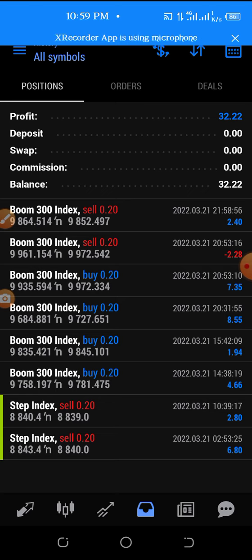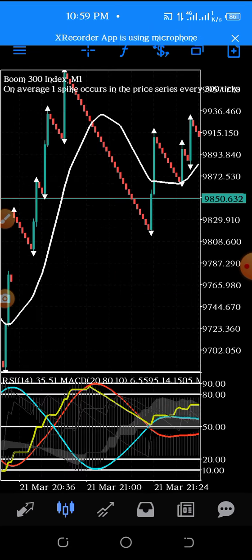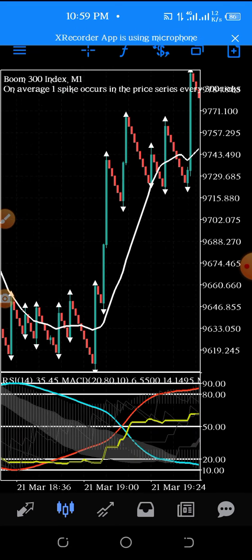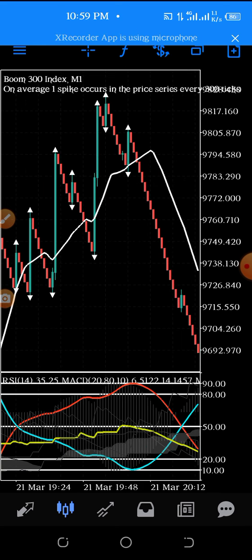So now you can confidently draw support and resistance. Good. You can buy from the support and sell from the resistance. Then you can draw your trend lines in a trending uptrend market.